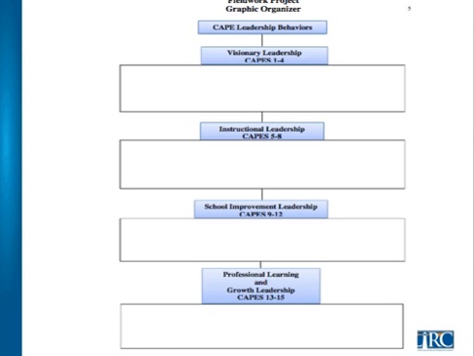And so in the CAPES, if you'll remember, there are 6 categories, and you see 4 of the categories here: visionary leadership, instructional leadership, school improvement leadership, professional learning and growth leadership, and on the last page of that graphic organizer, you have organizational and systems leadership and community leadership. What you're being asked to do is to choose one of the CAPES from each of those categories and connect it to your project. So let me give you an example.